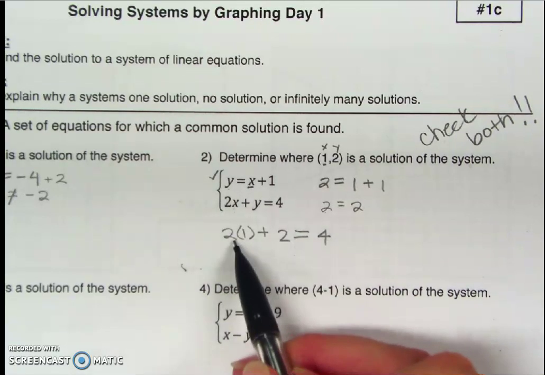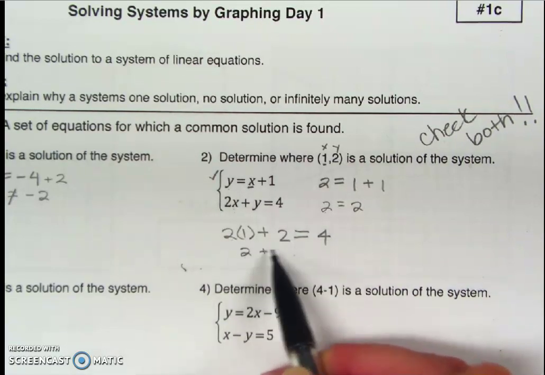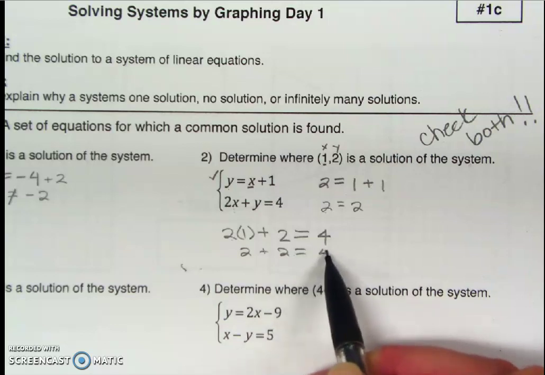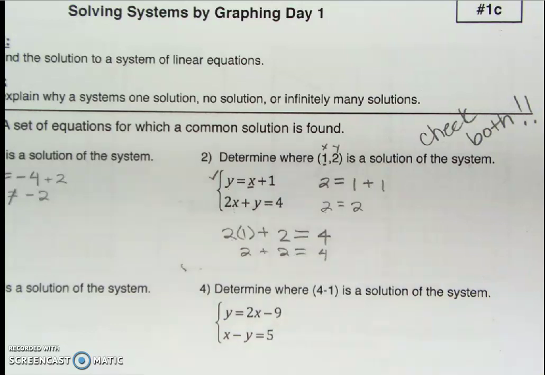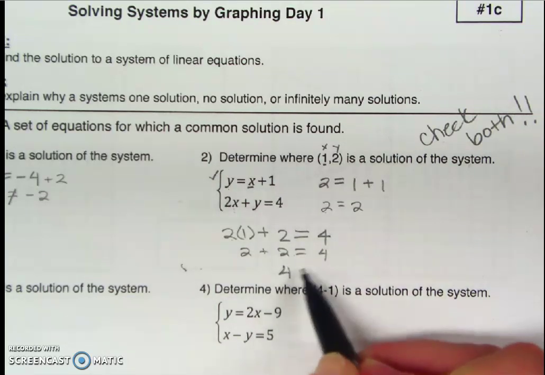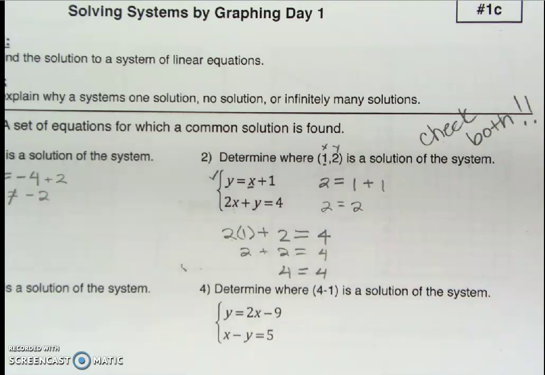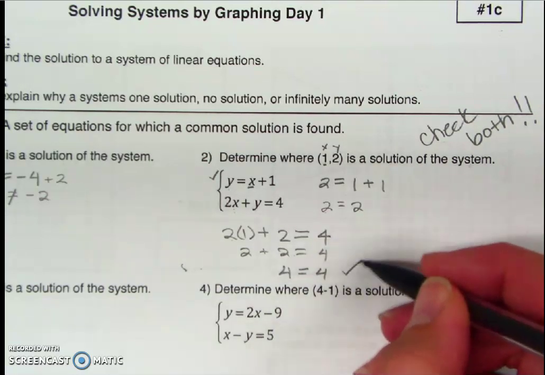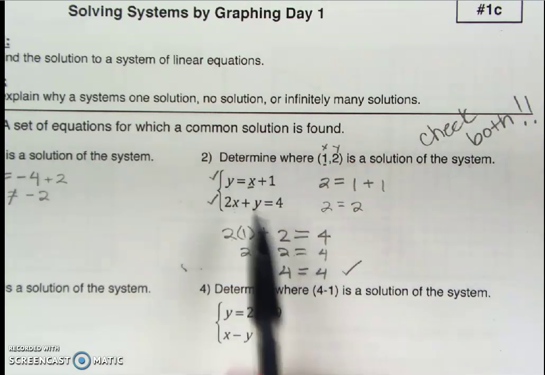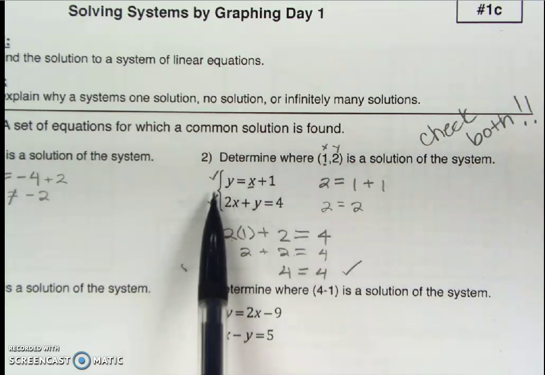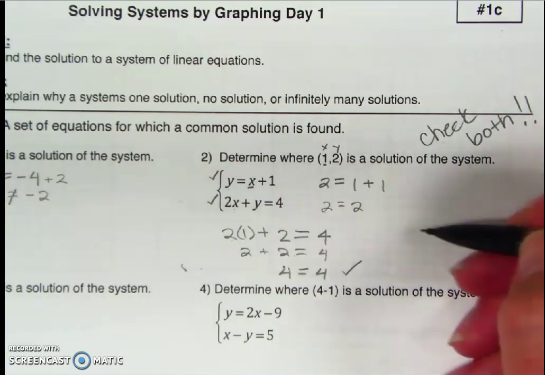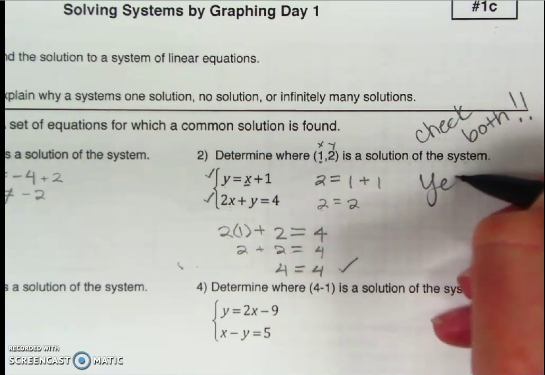Let's check and see if that's true. 2 times 1 is 2. Bring down the plus 2, bring down the equals 4. And 2 plus 2 is 4. Now check, does 4 equal 4? Yes. So because that one point worked in both of those equations, this answer would be yes.